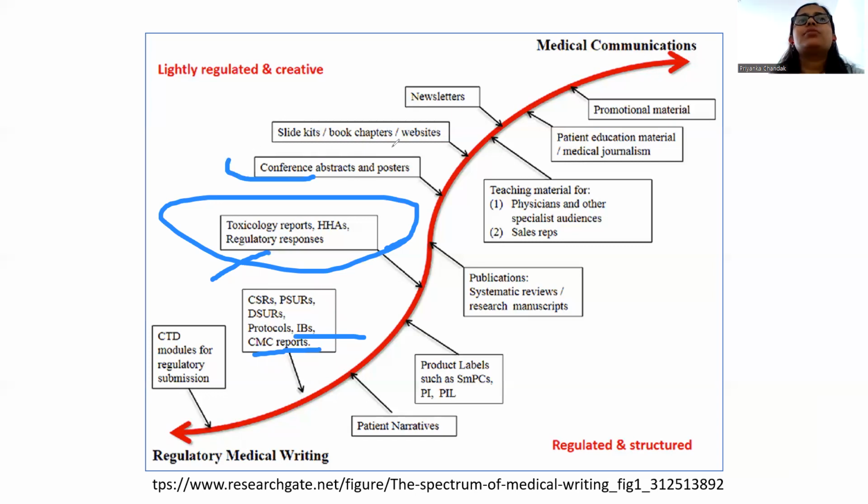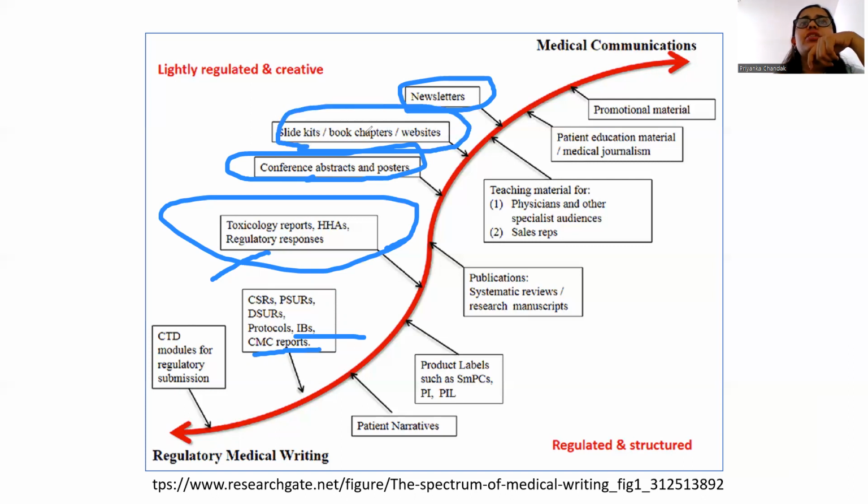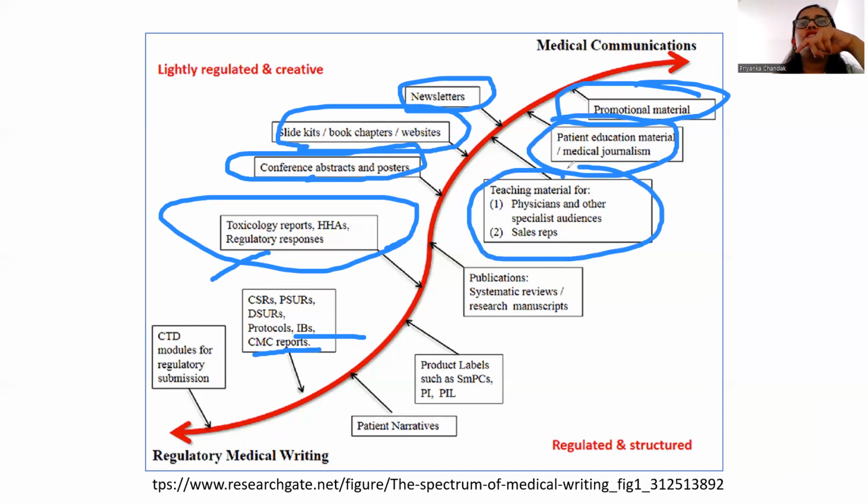Then conference abstracts and posters, like we have discussed earlier. And then in communication, newsletters, slide kits, book chapters, websites, basic journals, then promotional material, patient education material, teaching material for physicians and other special audiences. This is also very important. Publications, systematic reviews and research manuscripts should be there.